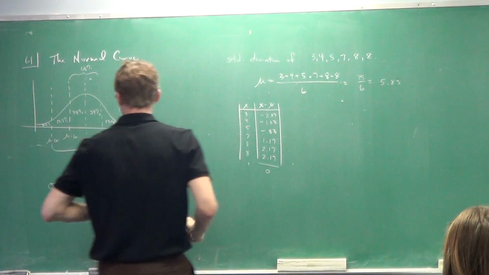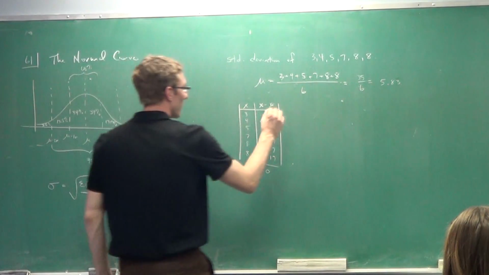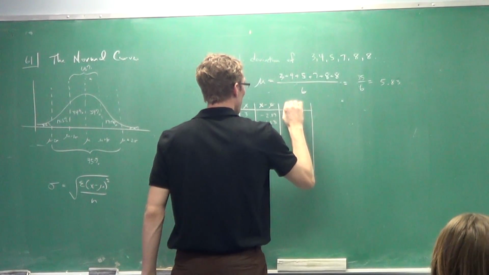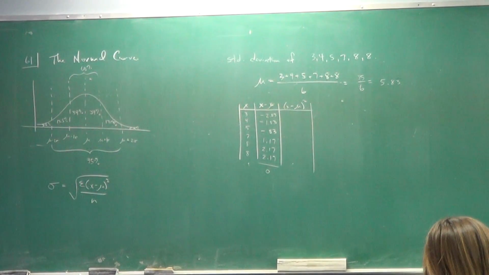But what do we care about with our standard deviation? The sum of the squares. So, in our third column, we can put x minus mu squared. This is where a calculator is going to help out a lot.